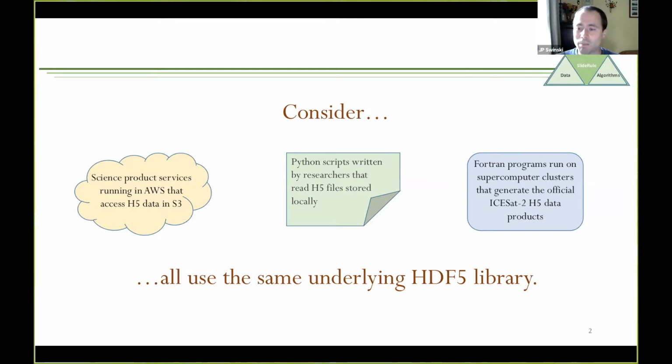We also had Python scripts written by researchers that read H5 files local to the computers they were running on, desktop computers, laptops, things like that. And we had Fortran programs running on supercomputers that generated the official H5 data products for our mission.